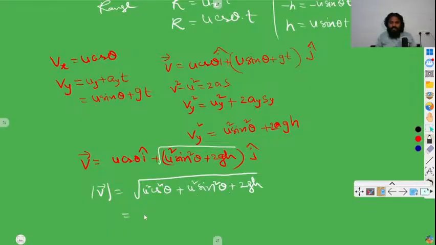I should write root here, do remember, because vy is under root. Don't forget that. Now u square you can take common, then cos square theta plus sin square theta value is 1, so u square plus 2gh. This is the equation for velocity, right?